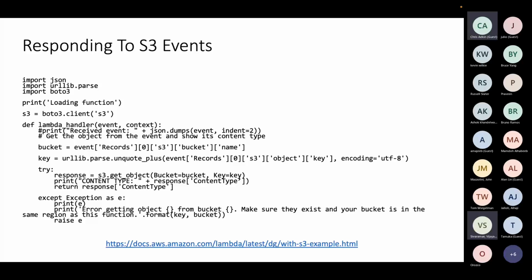You can use the console. I've got some Python code here, but what you can do is say that you want your bucket to generate event notifications. Every time an object gets created, an event notification gets created.